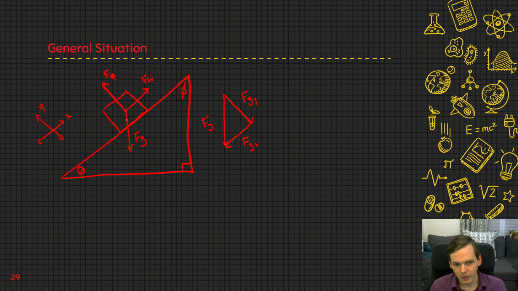Now, what angles show up in this diagram? If we look at this triangle that I've got right here, this angle right here is phi, because this Fg comes down parallel. That means that this angle right here is our phi. And this angle becomes theta, because theta plus phi should equal 90.